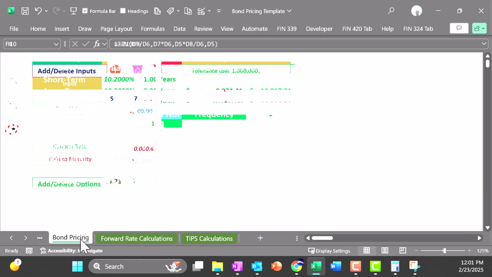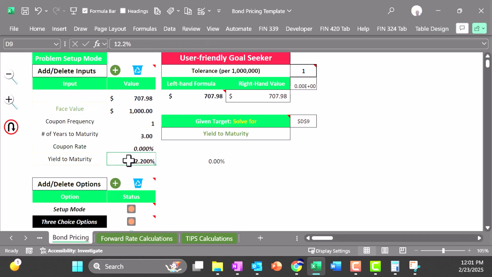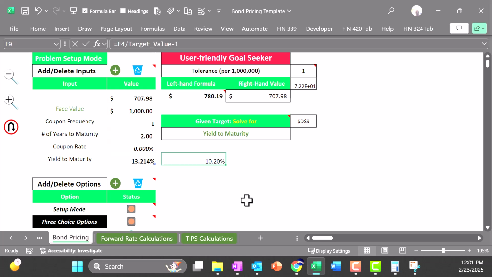And going back to our bond pricing, oh, 2 years left, and 10.20%. That is actually what's behind the expectations theory.